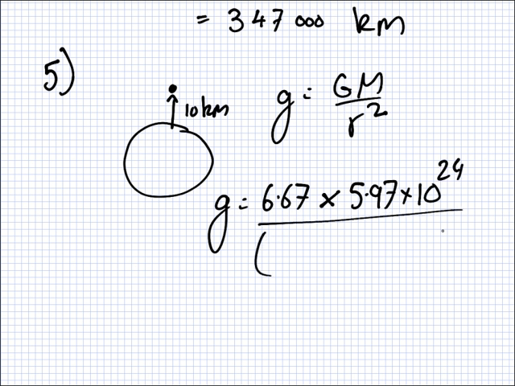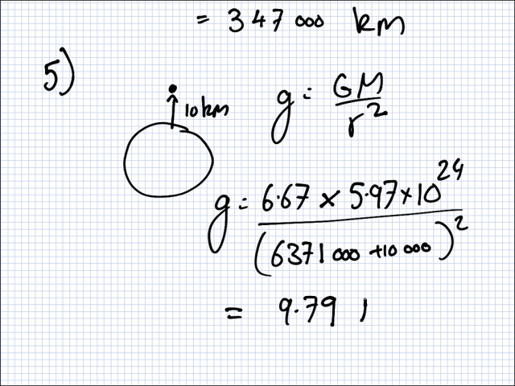And what's the radius of the Earth? 6,371 kilometers. So that many meters, plus 10 more kilometers. I'm guessing the answer would be something like 9.6. A little less than 9.8. What did you get? 9.79. Oh, okay, not as small as I thought. 9.79 newtons per kilogram.